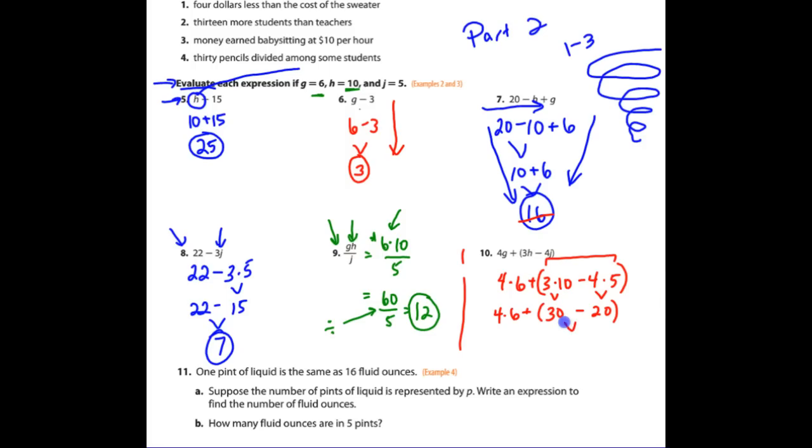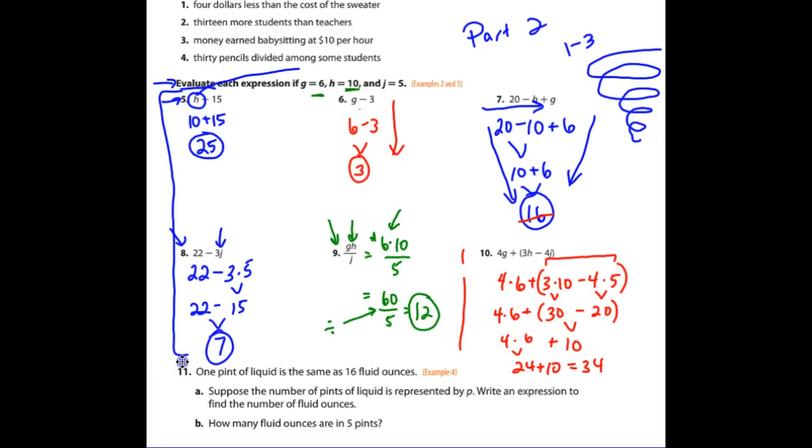You have to continue doing the parentheses first. 30 minus 20 is 10 plus, and then you still got this 4 times 6 here. Now finish that up. 4 times 6 is 24 plus 10, and that works out to be 34 right there.